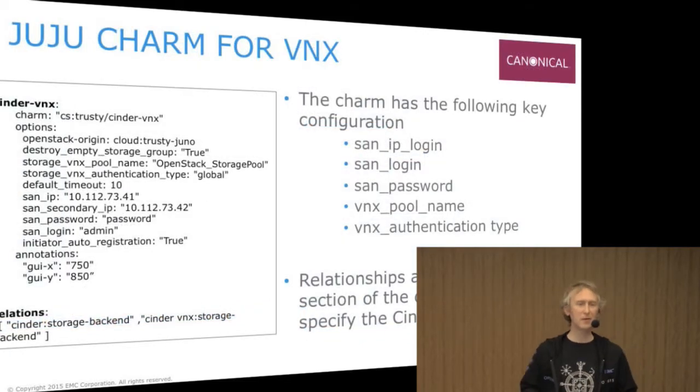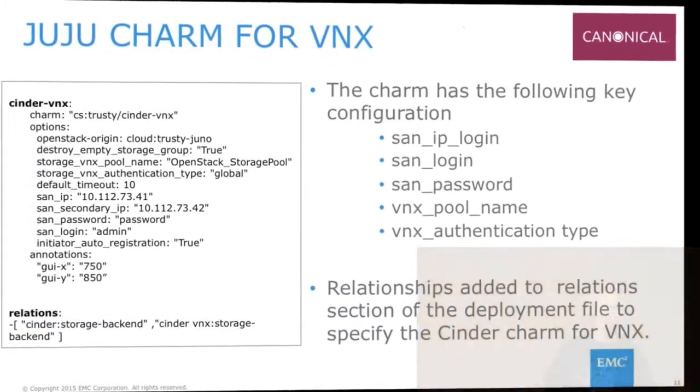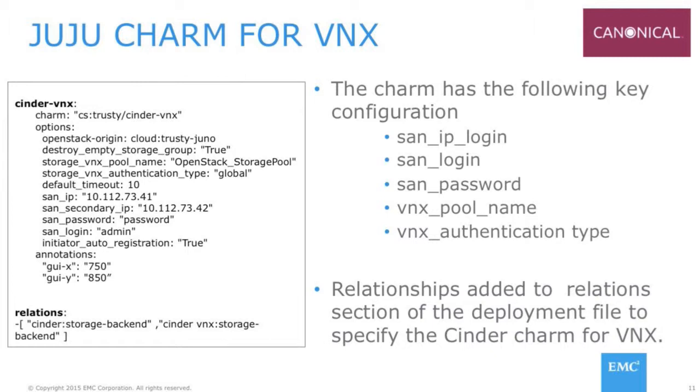If you're not using Mirantis, you're using something like the OpenStack distribution from Canonical. We are also building charms, so we have charms for all of the storage platforms that we're supporting right now on Ubuntu. We have charms for VNX, which has a fairly simple configuration interface to just point, in this case, your CINDER backend to the configuration options for the VNX or VNXs that you happen to have in the environment.